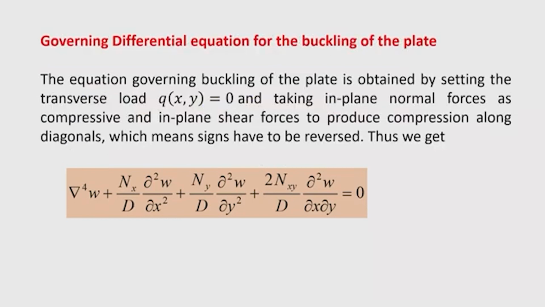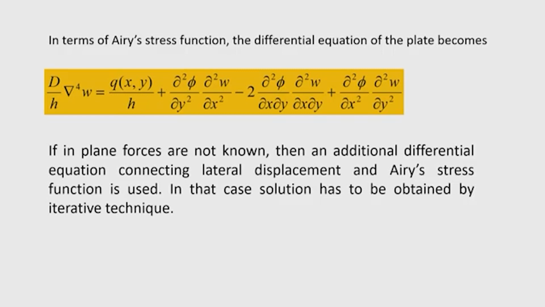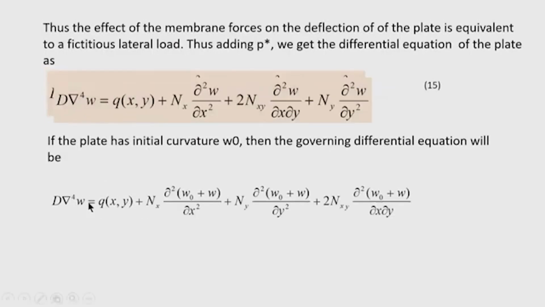Okay. If we want to study the buckling phenomenon of the plate, that is our intention. So, first we have derived the differential equation of the plate subjected to in plane forces. Now, when we study the buckling, buckling is a homogeneous problem, where q should be absent. So, we shall put q equal to 0 and then the signs of Nx, Nxy and Ny will be reversed to produce the effect of compression on the plate.